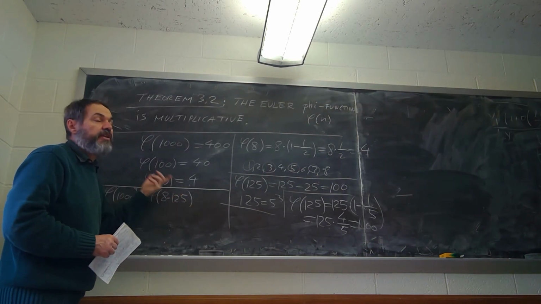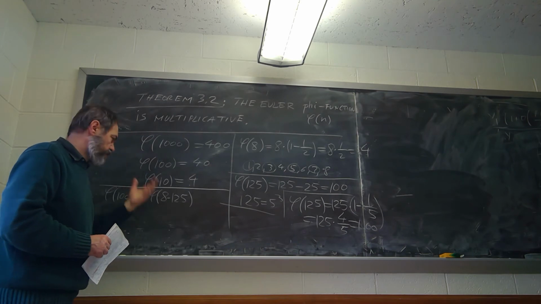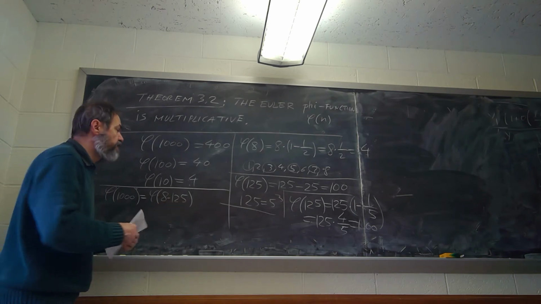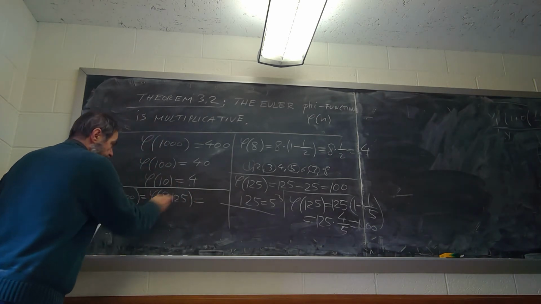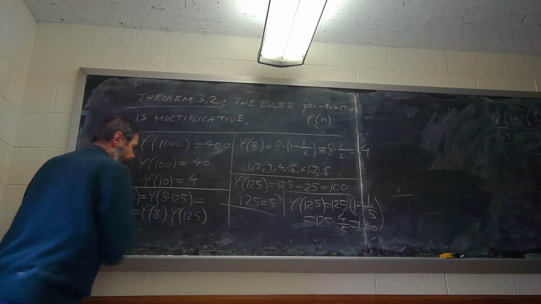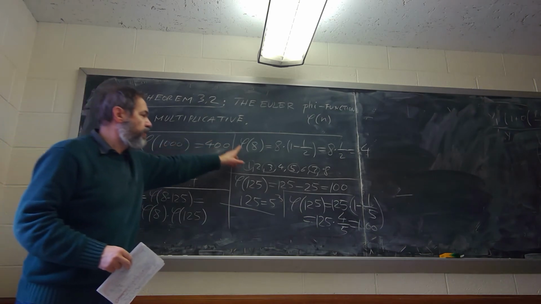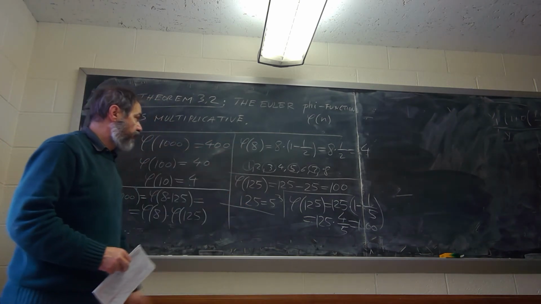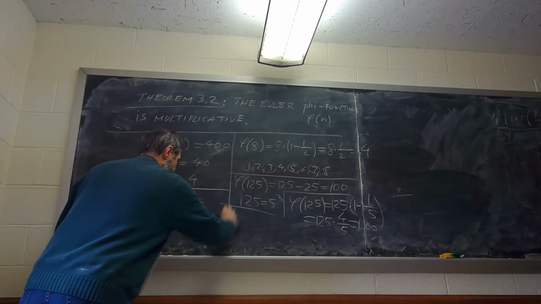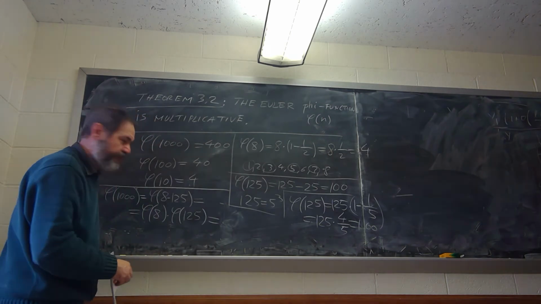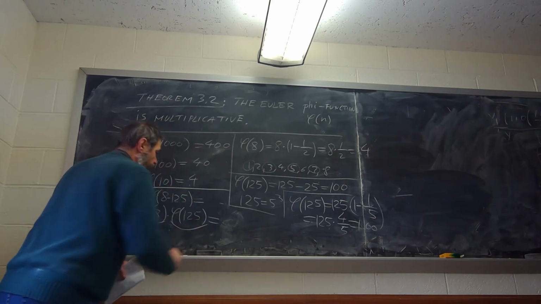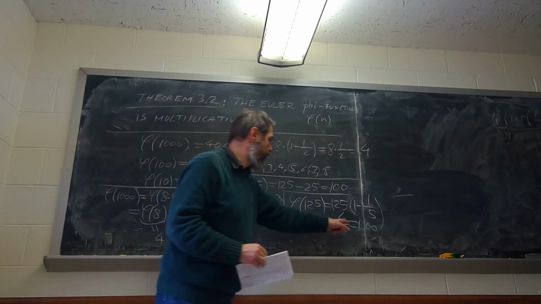So now we use the theorem saying that the function is multiplicative. These two numbers are relatively prime, so this is equal to the function computed at 8 times the function computed at 125. These are actually the two values we computed. Euler function at 8 is 4, and this one is equal to 100.